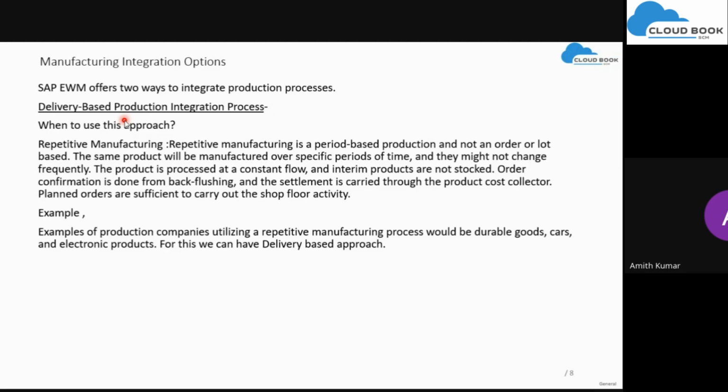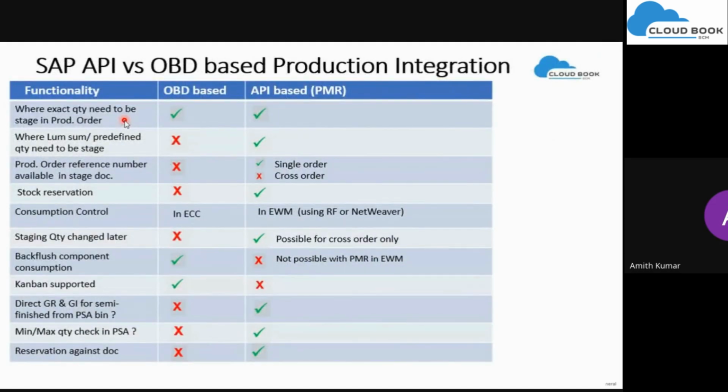So that is a high level difference between the advanced production integration, that is API, which is based on PMR, and outbound delivery based production integration, right? So here I have explained the theoretical part: what is advanced production integration, what is delivery based production integration, discrete manufacturing, repetitive manufacturing, all of that.